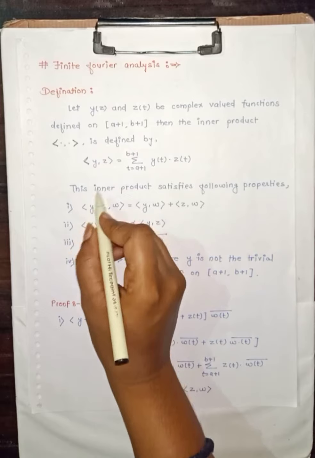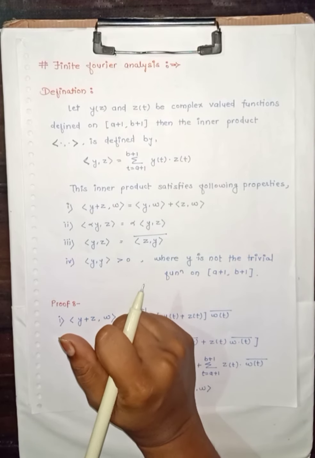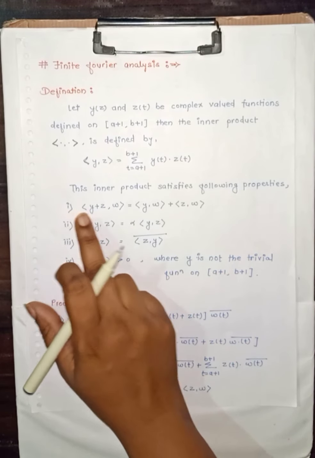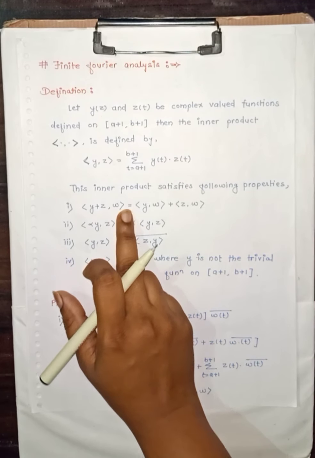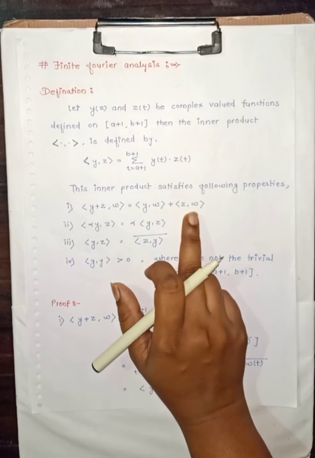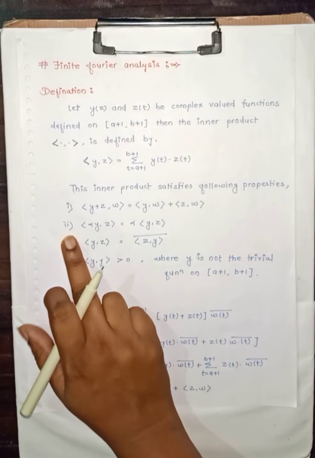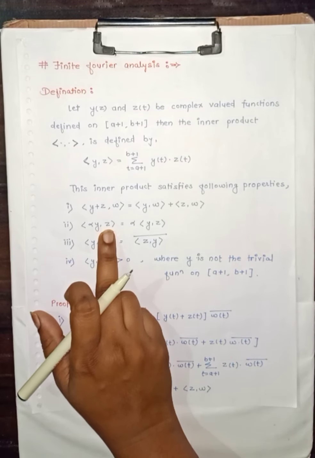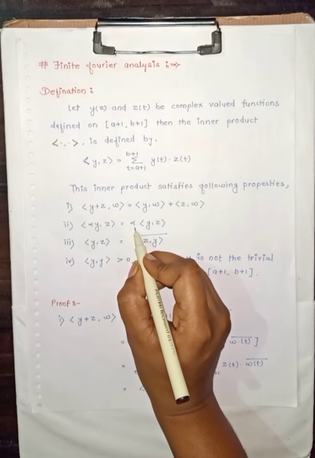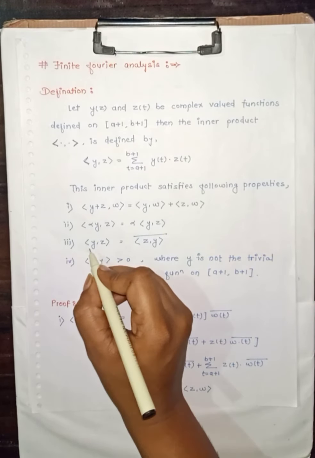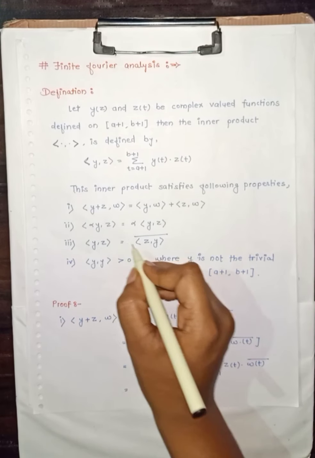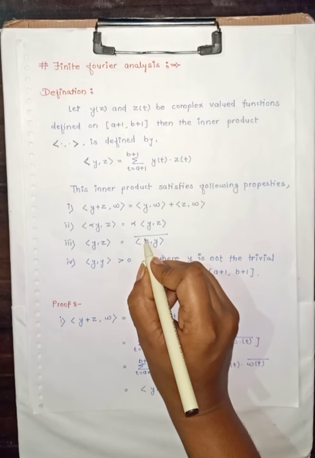This inner product will satisfy the following properties. First is inner product of y plus z and w equals inner product of y w plus inner product of z w. Second one is alpha y and z equals alpha taken out, times inner product of y z. The third one is inner product of y z equals the conjugate of inner product of z y.